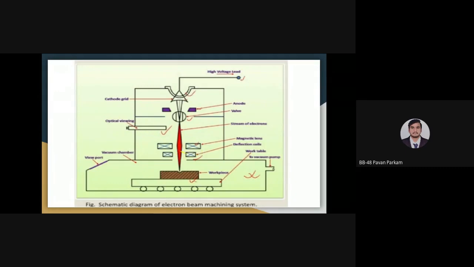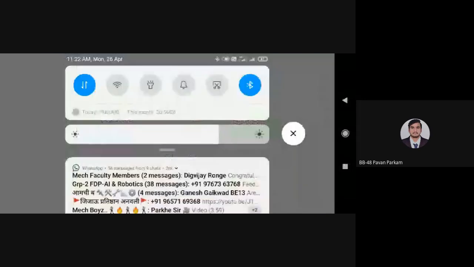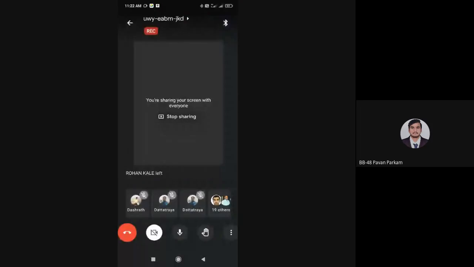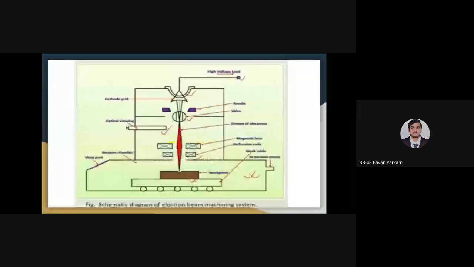You can see here magnetic lenses are used. So your electron beams are going through this magnetic lens.